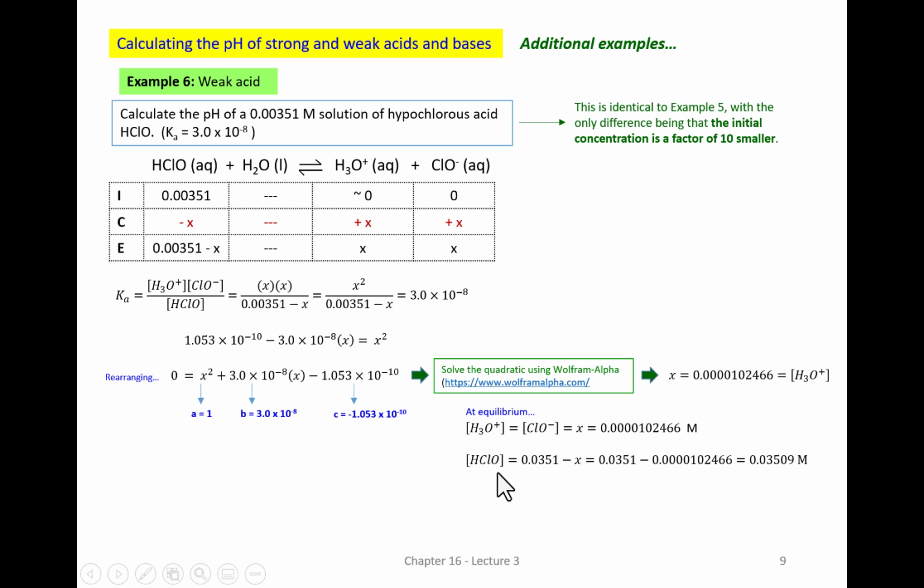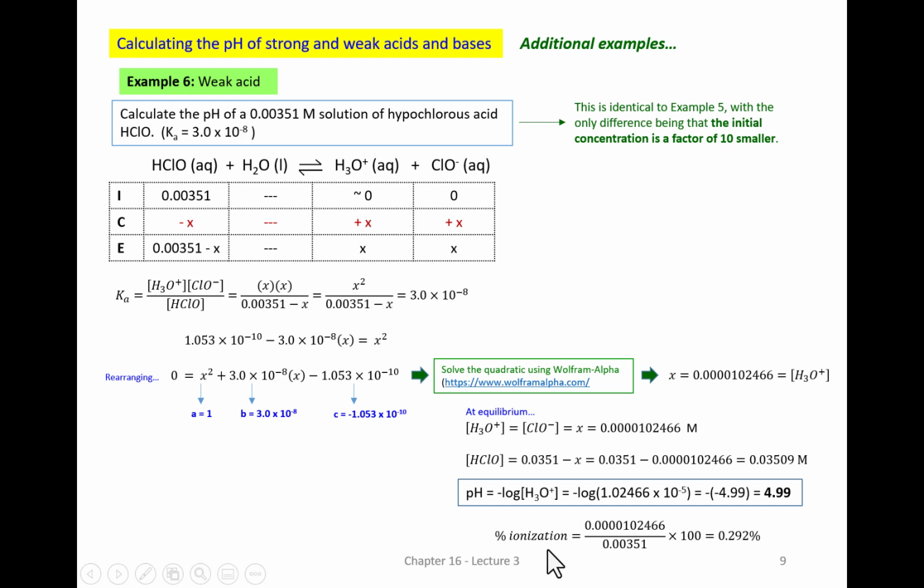And the concentration of the hypochlorous acid left is now even closer to the original amount. And if we calculate the pH, it's a little higher than in our previous hypochlorous acid example, because we've used a more dilute solution of hypochlorous acid. It's now 4.99.